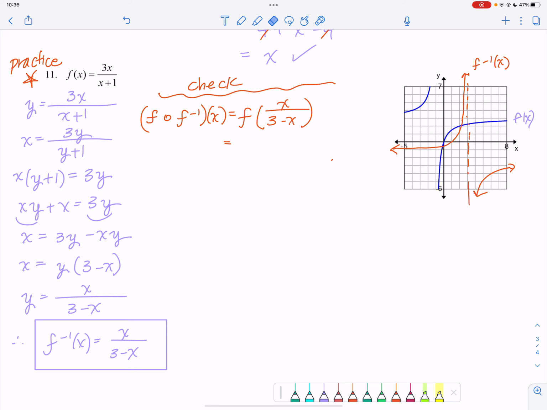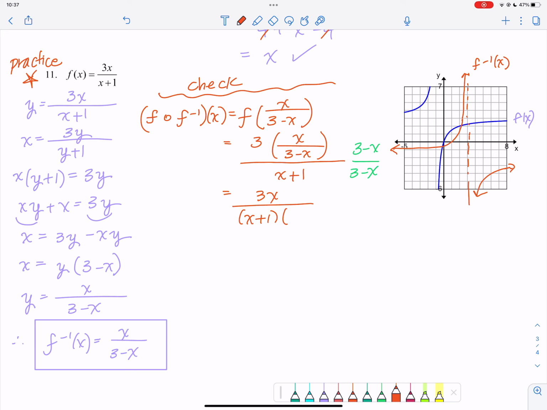So we'll have 3x divided by x plus 1 multiplied by, I think here I need to replace that x with x divided by 3 minus x.